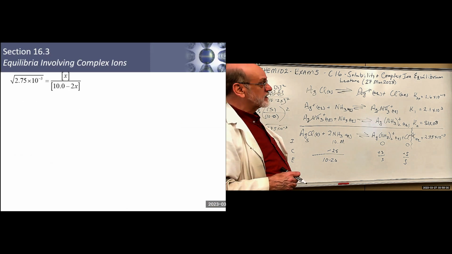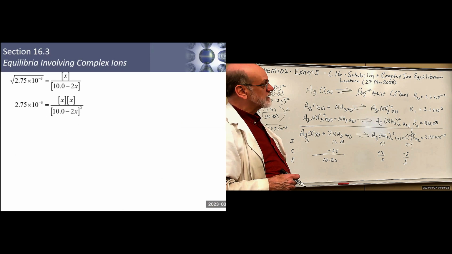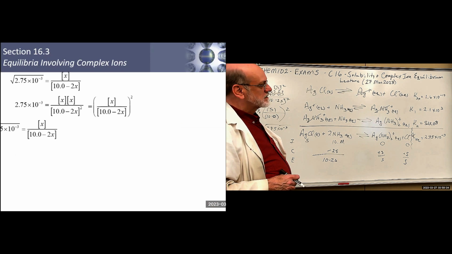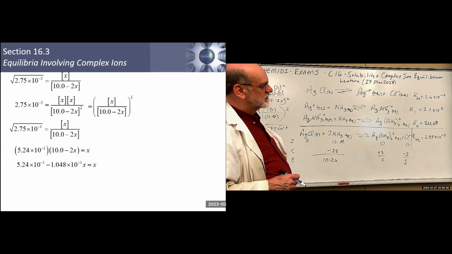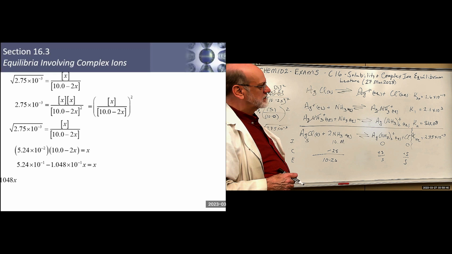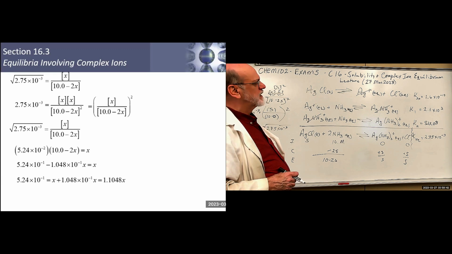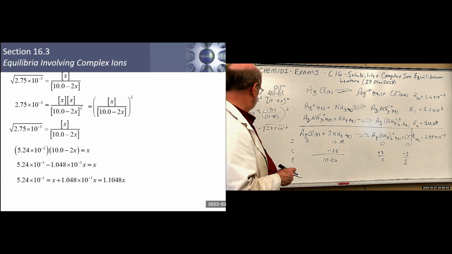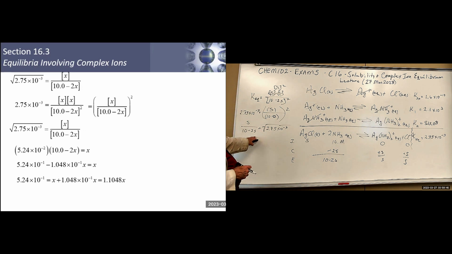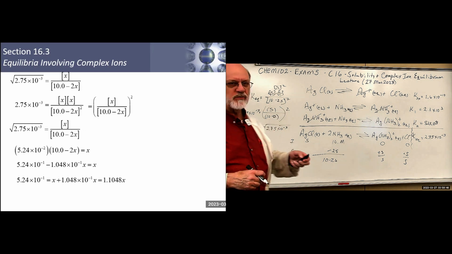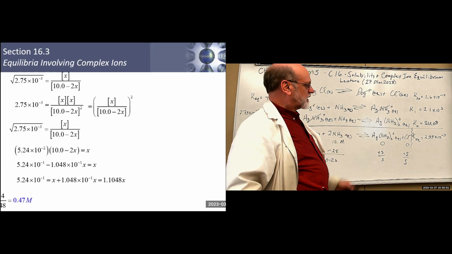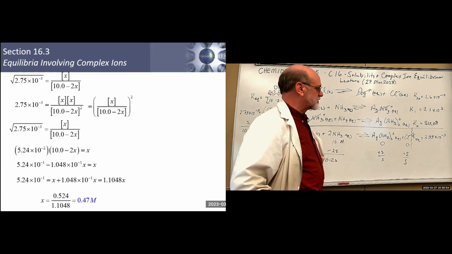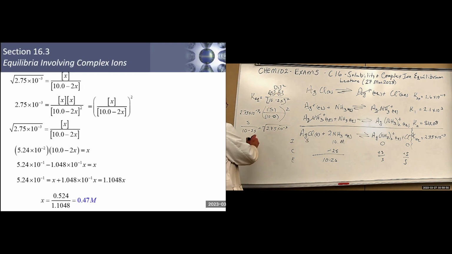So the next slide gives us the solubility. Why is it doing that? Oh, okay. Yeah, there are multiple steps. Sorry. But eventually, when we solve for S, we find that it's 0.47 molar solubility.